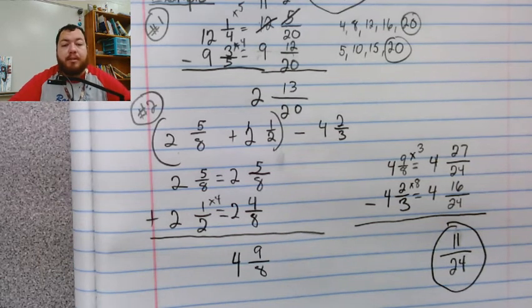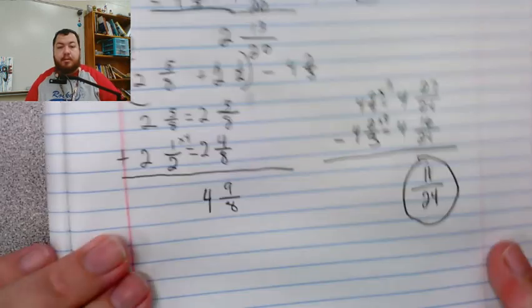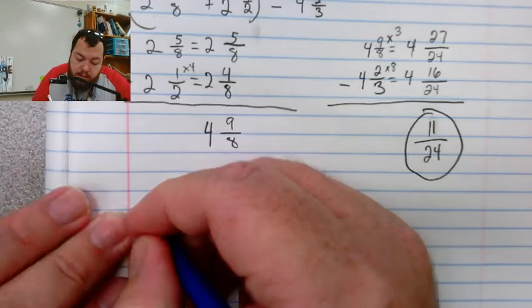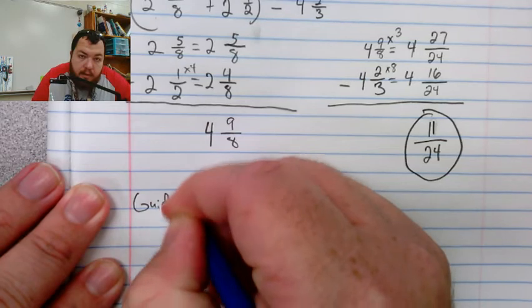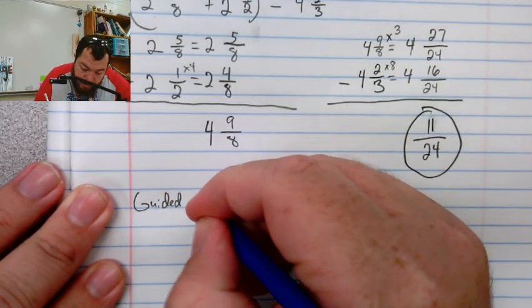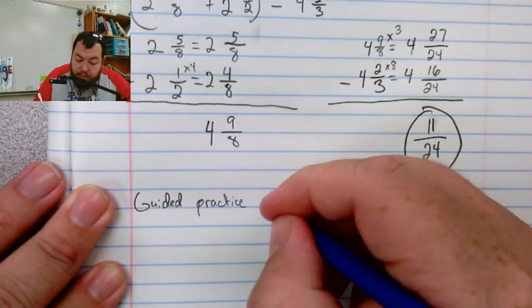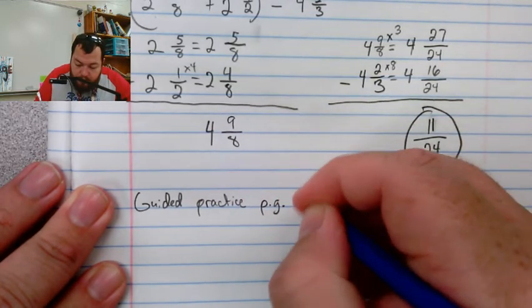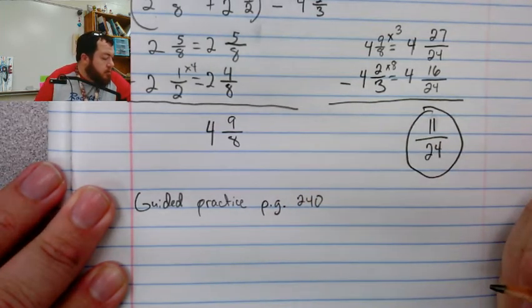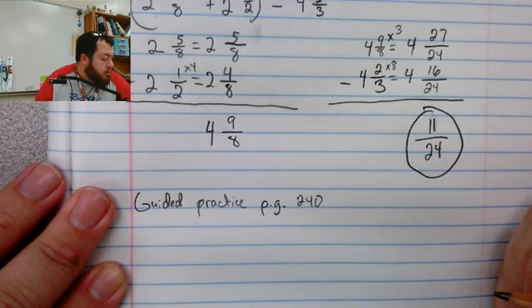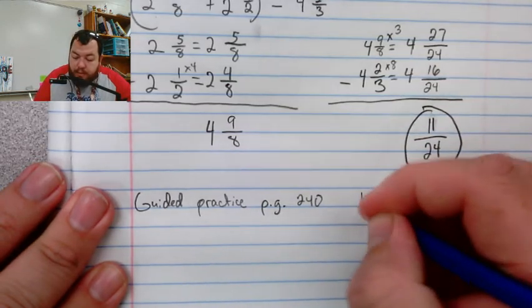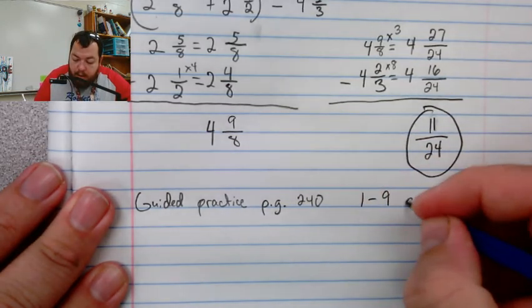So if you guys need to pause here to catch up on your notes, go ahead and do that. What I would like you guys to do for guided practice on page 240 is 1 through 9 odd.